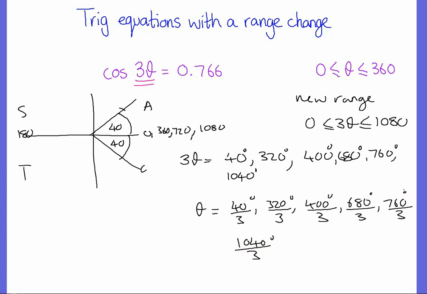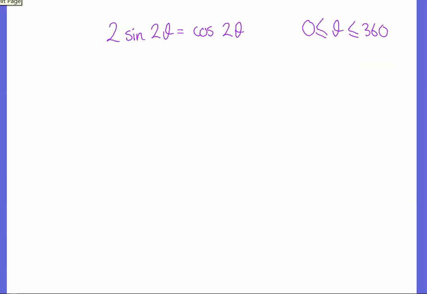Okay, so let's have a look at a few more of these. Right, so this one we have to use an identity as well because we haven't got a single trig ratio. Now these aren't being squared, so it's the tan one.